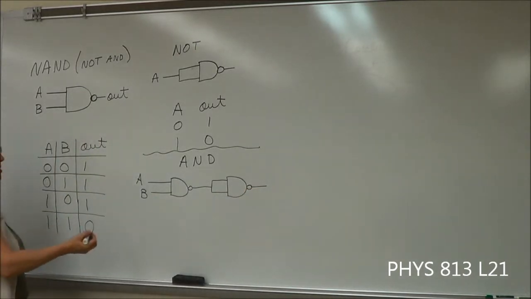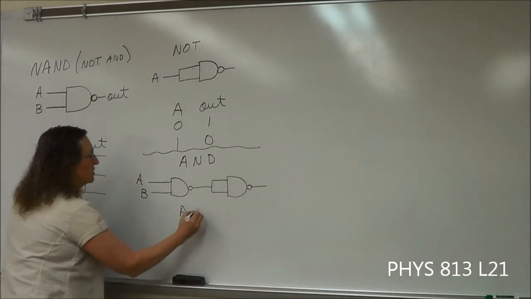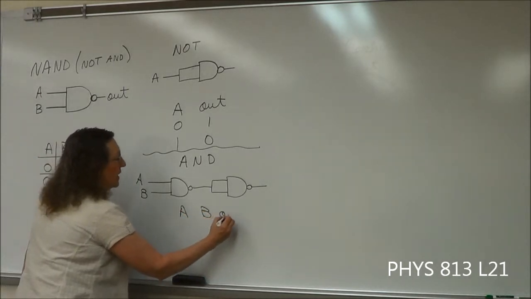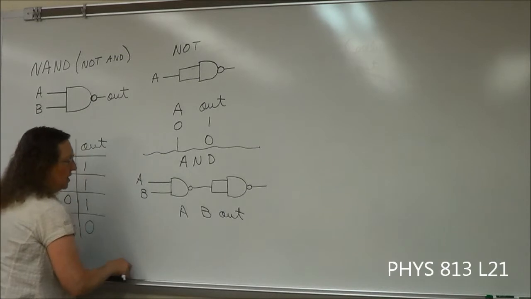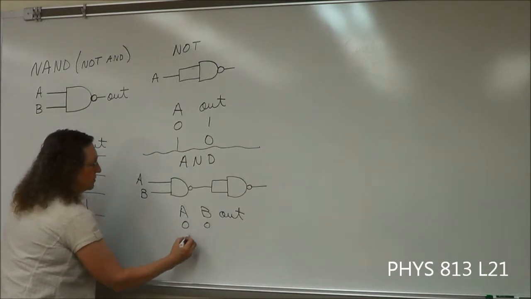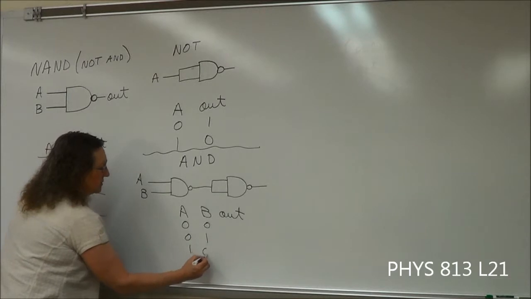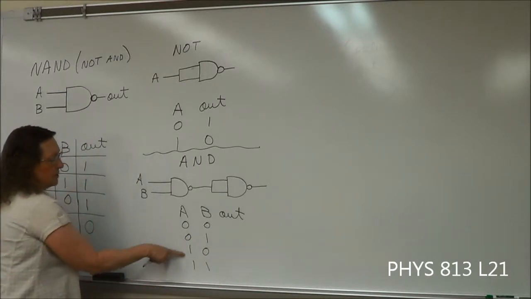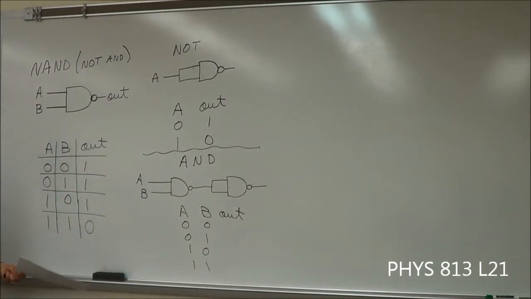Okay? So we're going to look at our truth table: A, B, out. And this is a little bit smaller, but 0, 0; 0, 1; 1, 0; 1, 1. So that's all the possible combinations of 0 and 1 if you have two variables.